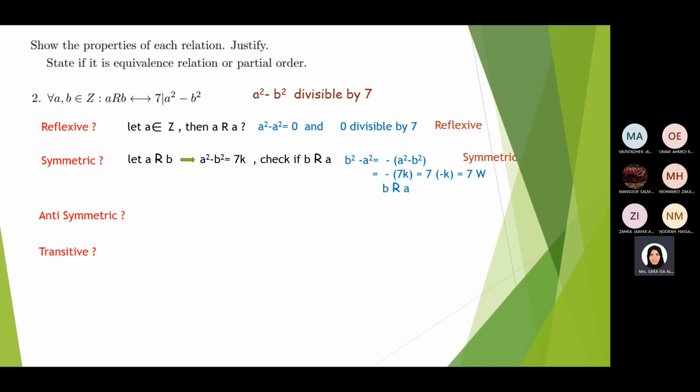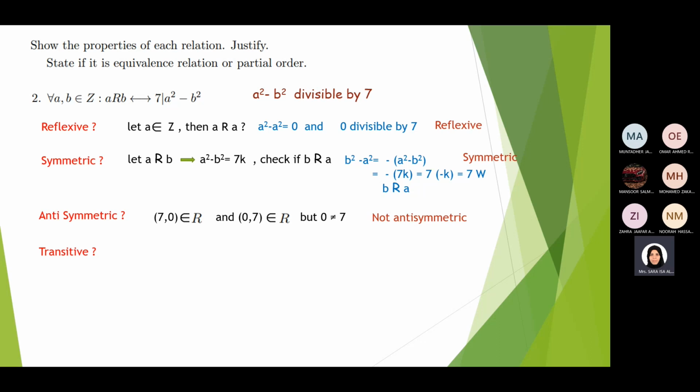If I put two values such that these values make it divisible, for example 7, 0: (7, 0) belongs to R because 7 square minus 0 square is 49, and 49 is divisible by 7. (0, 7) also belongs to R because minus 49 is also divisible by 7. But 0 and 7 are not equal values, so it is not antisymmetric.